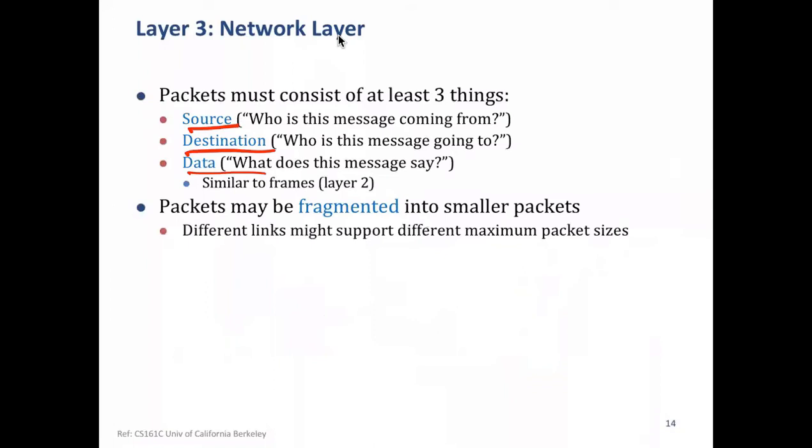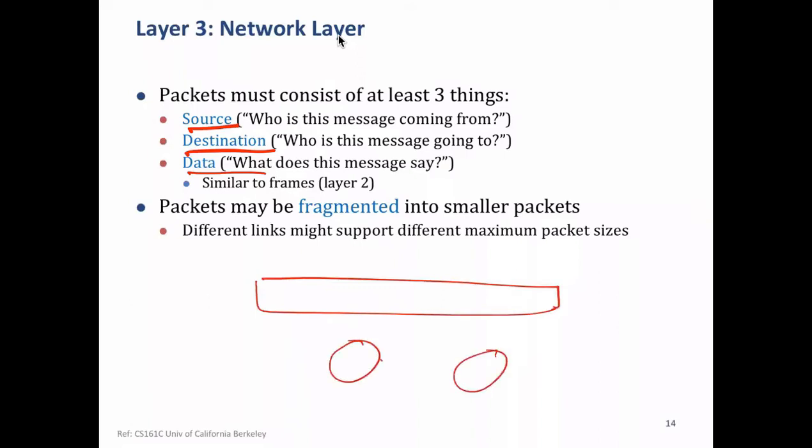Now, unlike the real world, where packets are not broken into smaller packets, in the internet world, if the packet size is very big, and the node or the link in between cannot carry this large size packet, there can be technology which cannot handle very large size packets, right?